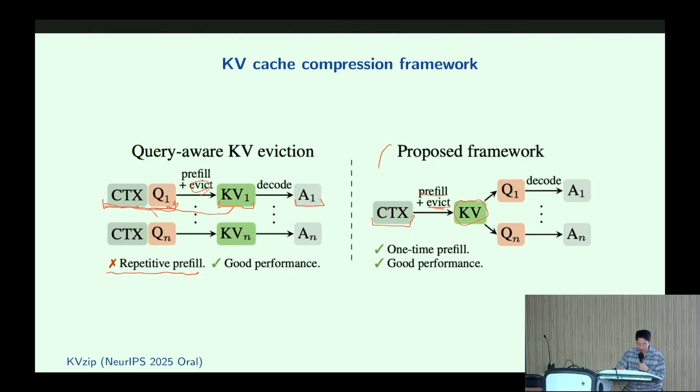For example, in the enterprise scenario, this could be something like, for our project, some spec documents for hardware that are shared among engineering teams. Can we prefill all these spec documents, evict once, so we have a very lightweight KV cache that can answer any questions?